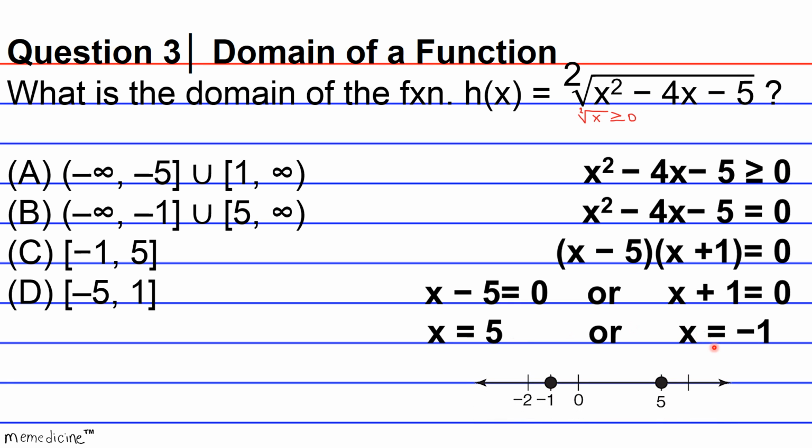So here we have our -1, x equals -1. And notice that a filled in circle is when we want to include our end value because we're told that x can equal this in order to get a value of 0. And this covers the equal portion of the inequality because the function can in fact be equal to 0.